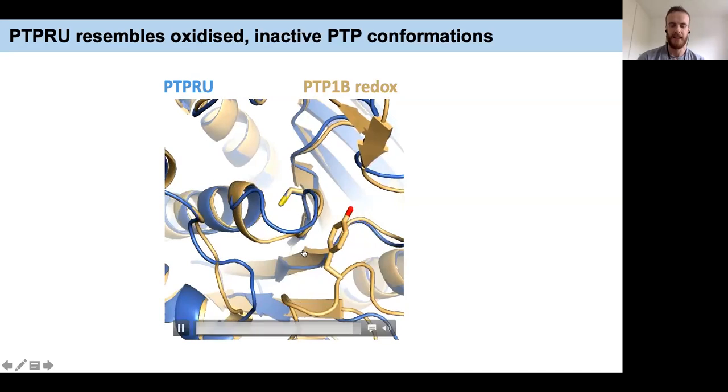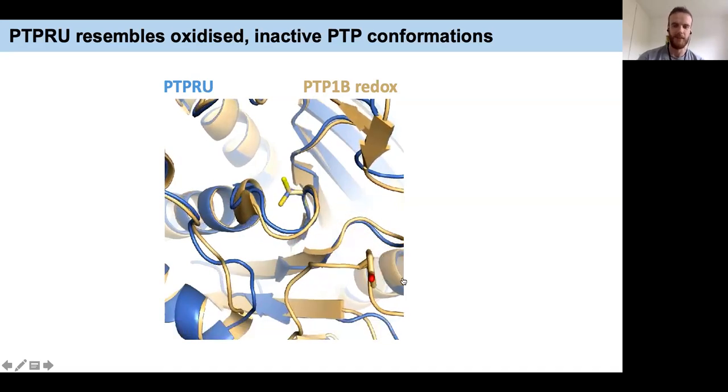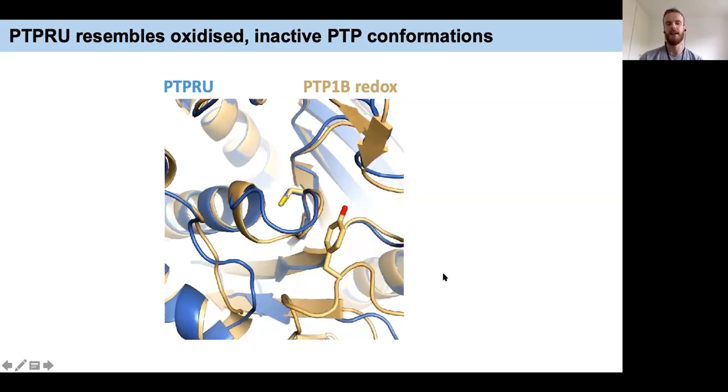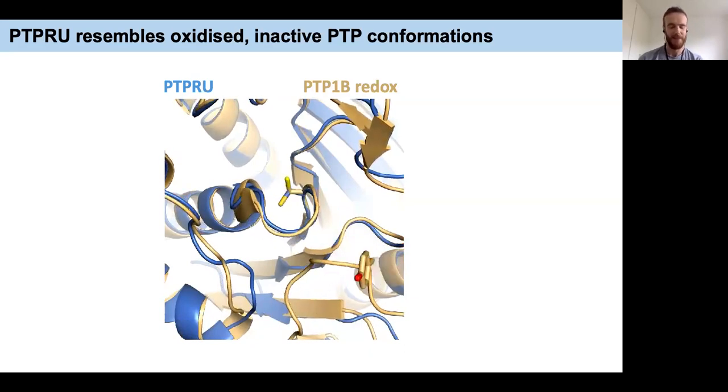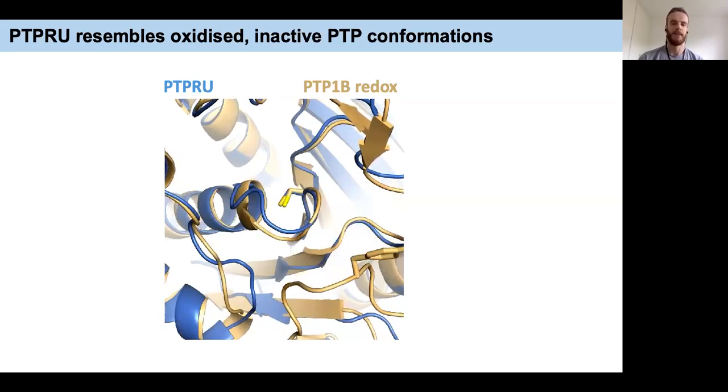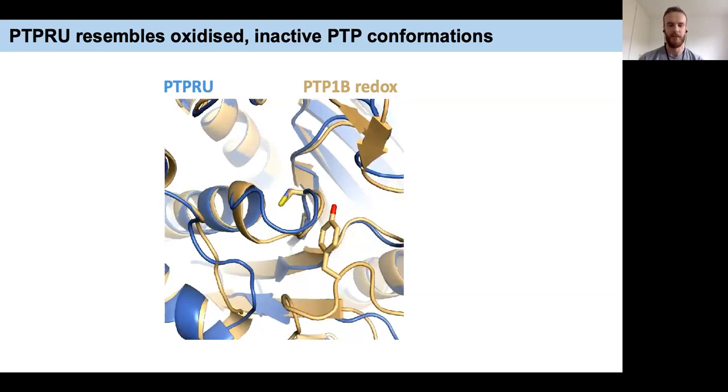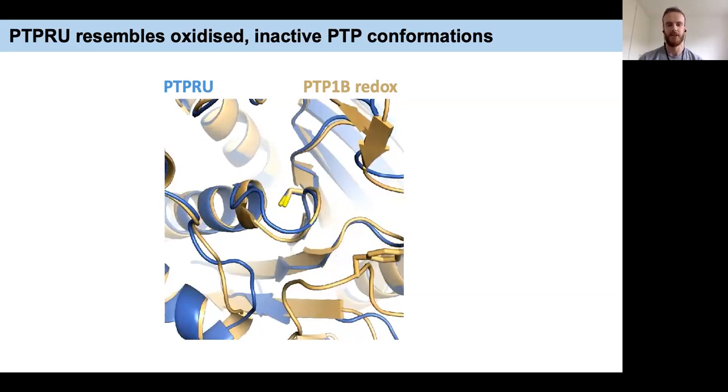And again, this phosphatase recognition loop, which is disordered in the PTPRU structure, also undergoes conformational changes upon oxidation. And really importantly, oxidation of this cysteine will inactivate a PTP. So oxidized PTPs are inactive, so it almost seems that PTPRU has essentially evolved to look like an inactive tyrosine phosphatase.